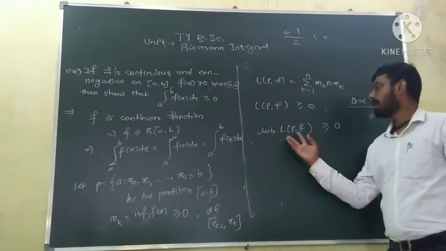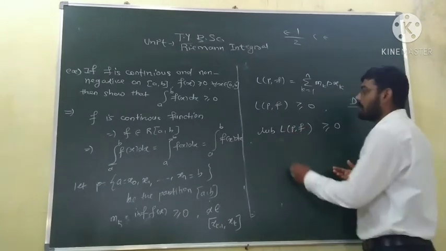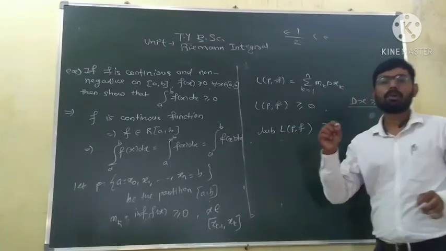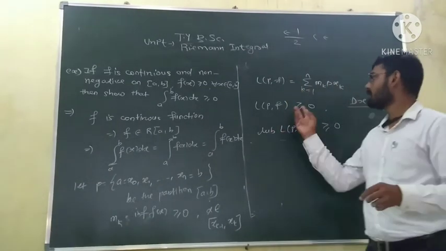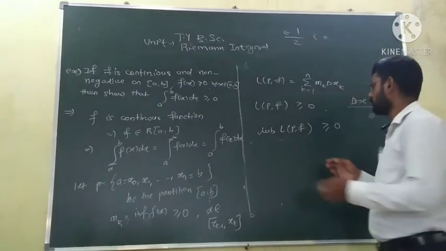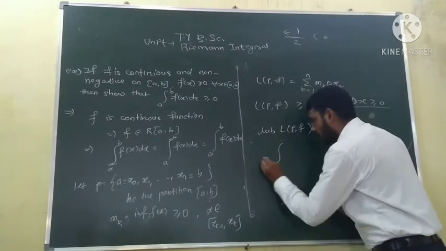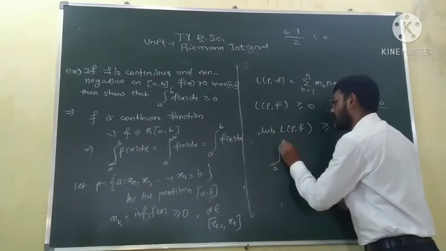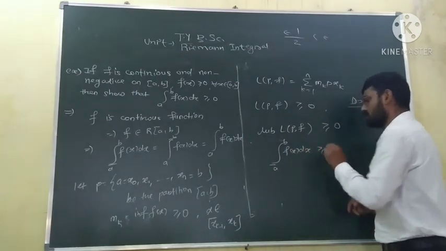What is meant by the least upper bound of the set of lower sums? Nothing but the lower integral. You know the definition of the lower integral is the least upper bound of the lower sums, but the lower sums are greater than or equal to 0, so the least upper bound is also greater than or equal to 0. It cannot be negative. So the lower integral of the function is always greater than or equal to 0.